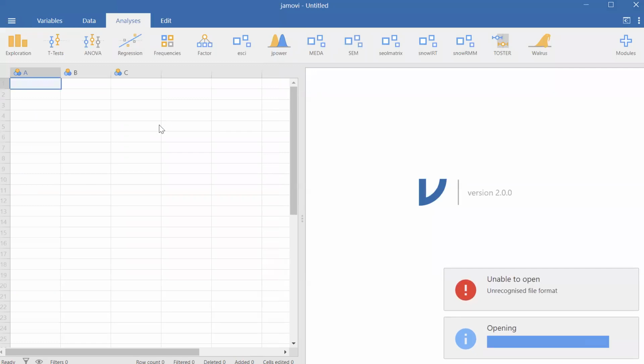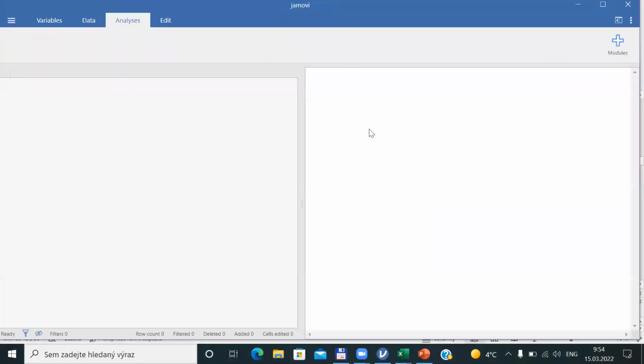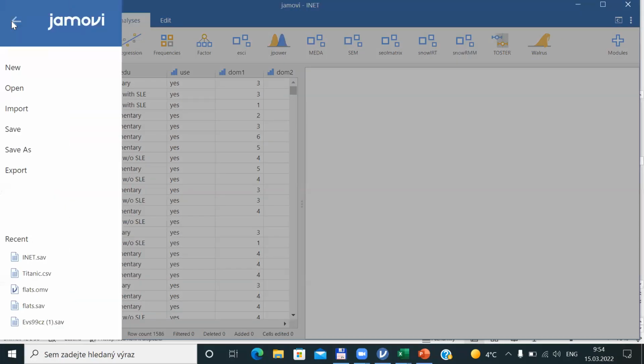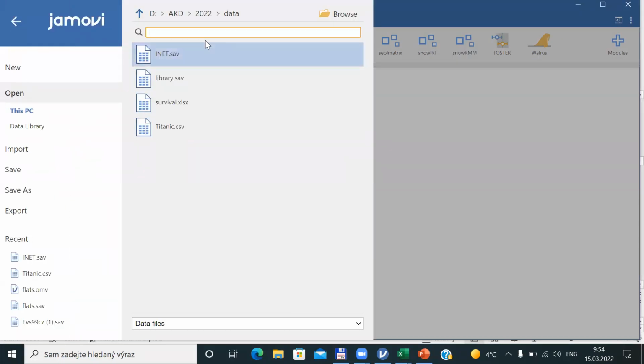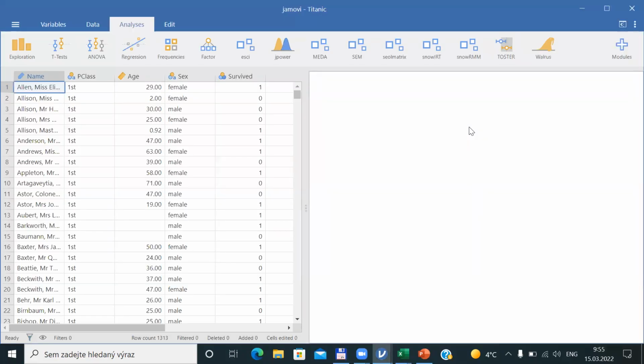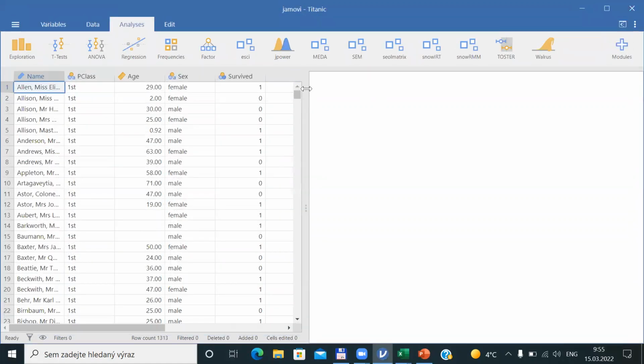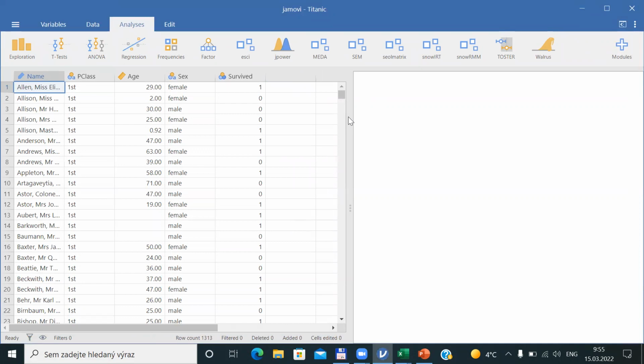And oh, sorry, I opened another file. So once again, I should be careful. So Titanic is already opening. So I will only close the second file to have only one file currently open.